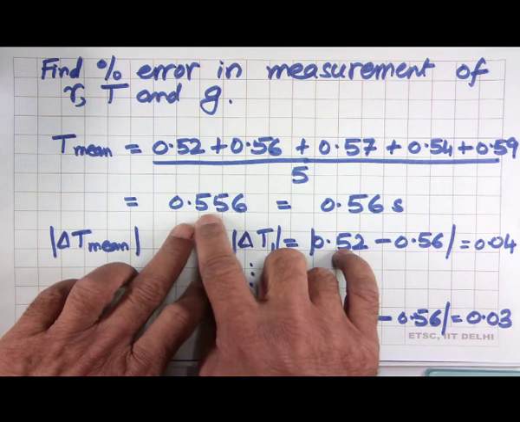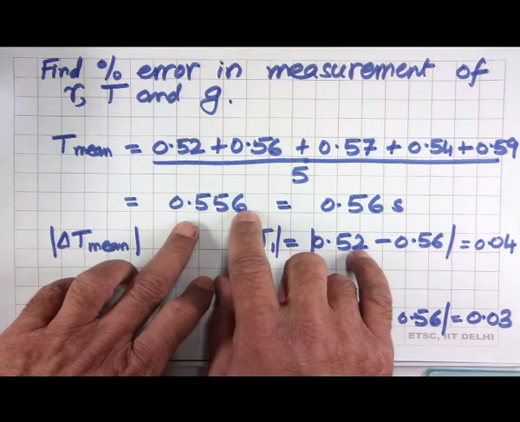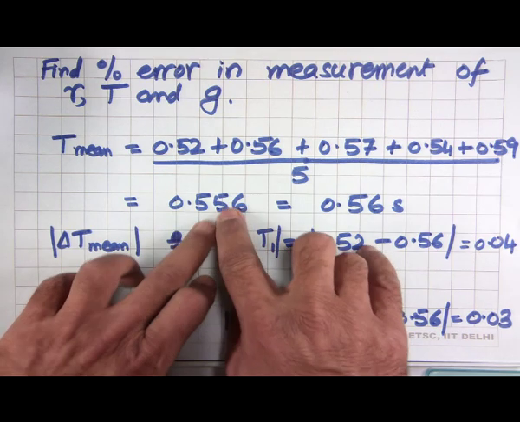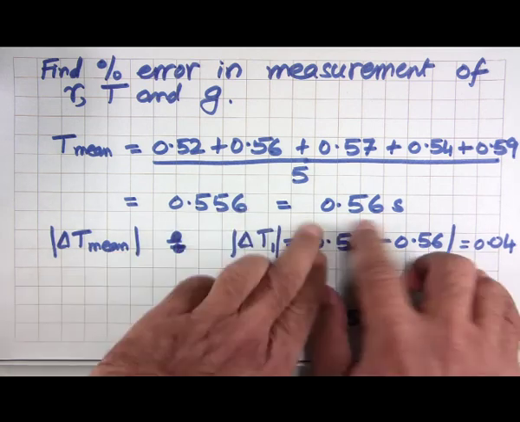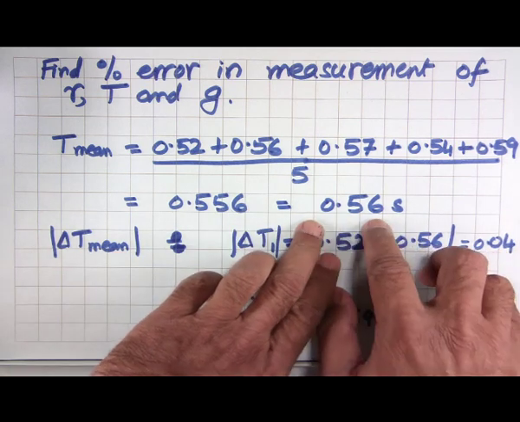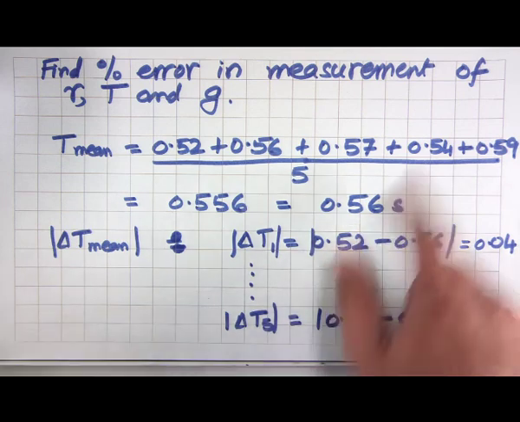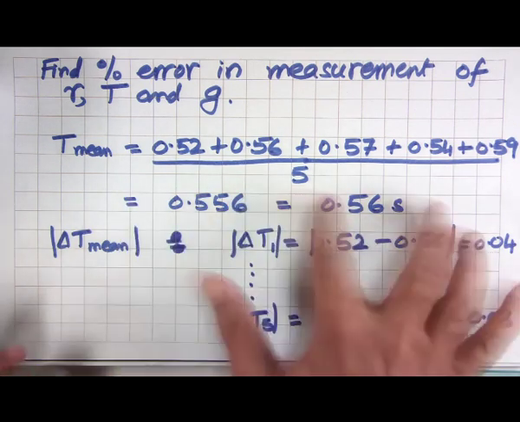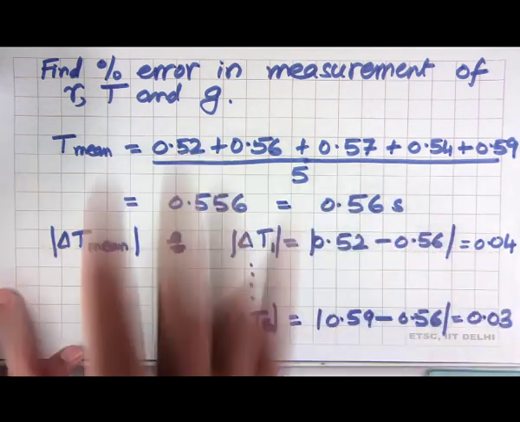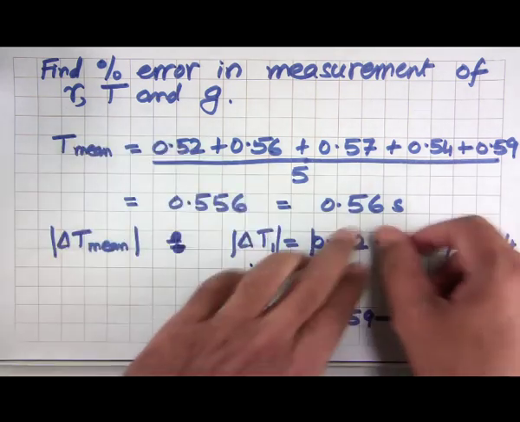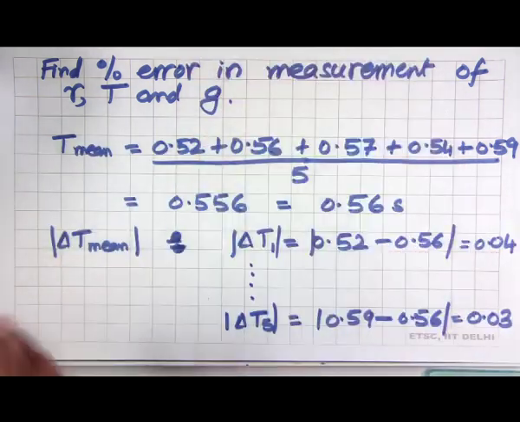So, we will round up this 0.556 up to the second decimal place. So, 5 is followed by a 6. So, T mean will become 0.56 seconds. This is an important step, that finally you have to take the mean value as the one which has the same number of significant digits as the original data.